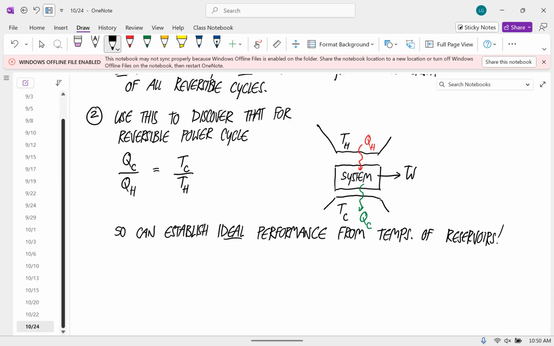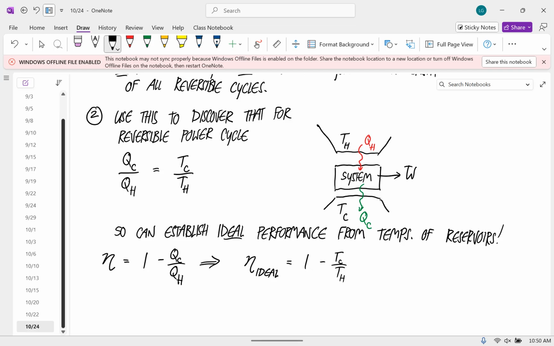So here's the efficiency of a power cycle. Eta is equal to 1 minus QC over QH. Well, we can figure out that if you have a reversible power cycle, the efficiency is 1 minus TC over TH.